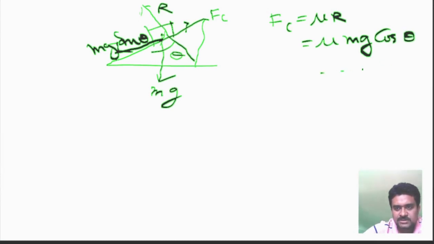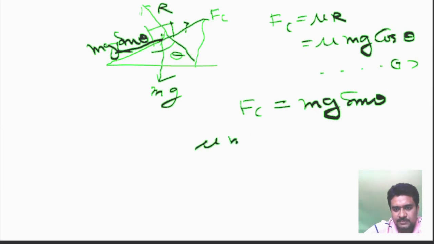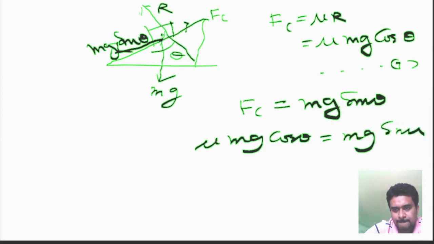Suppose this is equation number 1, and Fc is also mg sin theta. So Fc is mu mg cos theta, and this is mg sin theta. So mg will cancel out, and mu will become tan theta.